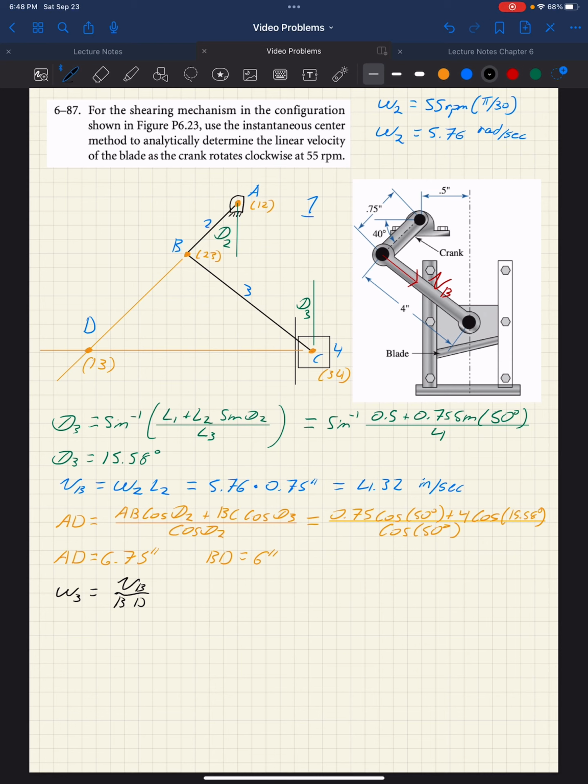If we know the linear velocity at B, then we can easily find the omega that link 3 is rotating, appearing to be instantaneously rotating around our point D, or instantaneous center 1-3. So let's go ahead and solve this. The velocity of B, we already found, 4.32 inches per second, and that's divided by BD, which we found to be 6 inches. And this gives us omega 3 equal to 0.72 radians per second.